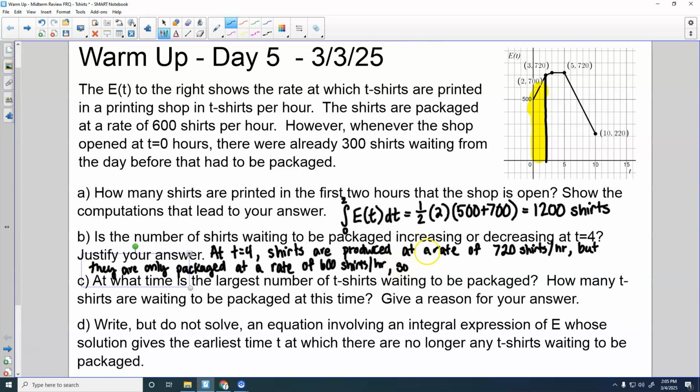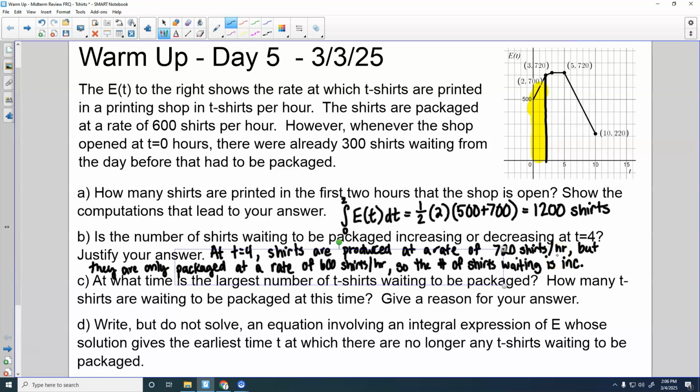So the number of shirts waiting to be packaged is increasing.